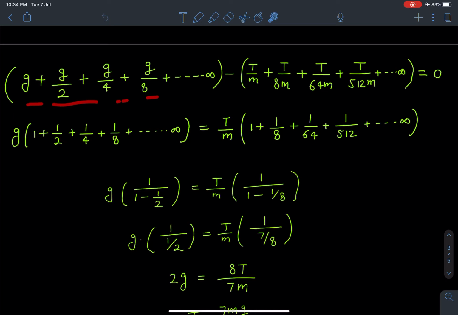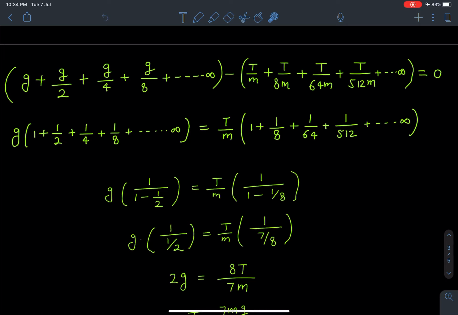This is very simple. If we take g common, a very simple equation comes: 1 plus 1 by 2 plus 1 by 4 plus 1 by 8, and since it is a decreasing sequence, the answer is definitely a finite number. Similarly here, I'll take this entire bracket to the other side, and take T by m common, so I get 1 plus 1 by 8 plus 1 by 64 plus 1 by 512 till infinity.